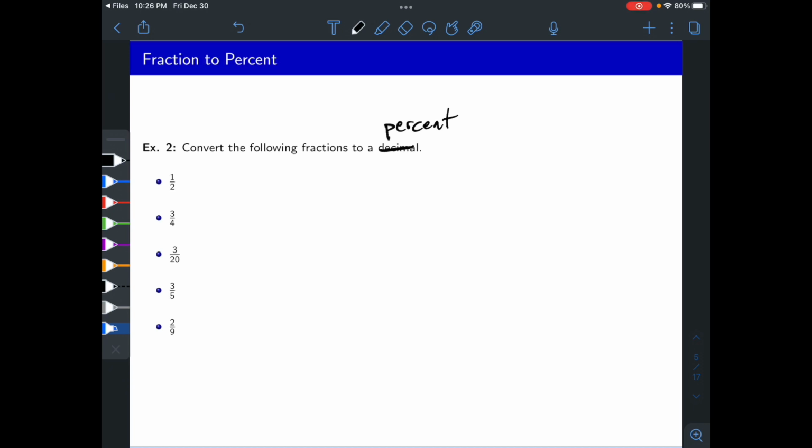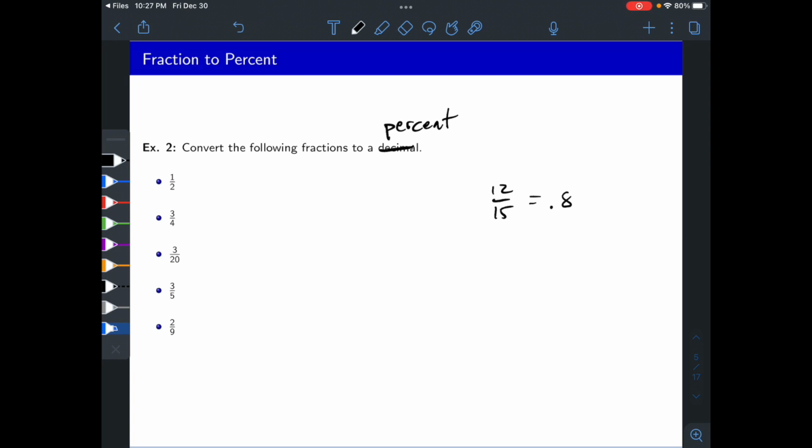You could always just use a calculator to convert to a decimal and then convert to a percent. Like converting a fraction to a decimal, if I were to convert 12 over 15 to a decimal, I could just use a calculator and divide 12 by 15, and it would tell me that this is equal to 0.8, I believe, right?